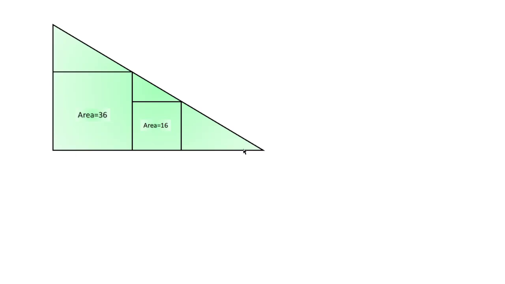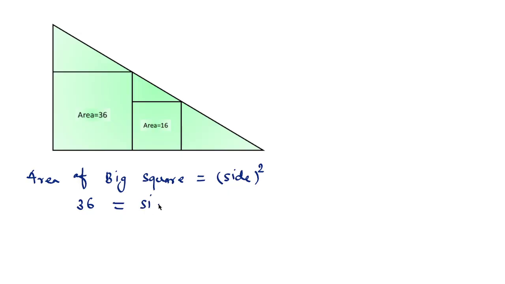So for this bigger square, we can write area of big square is equal to side square. The area of the big square is given as 36, which is equal to side square. So we can say that the side will be equal to the square root of 36, that means 6 unit.